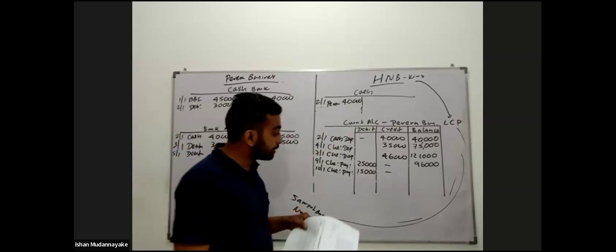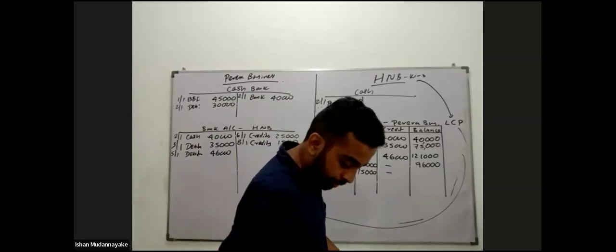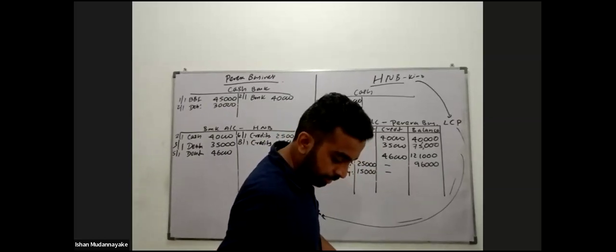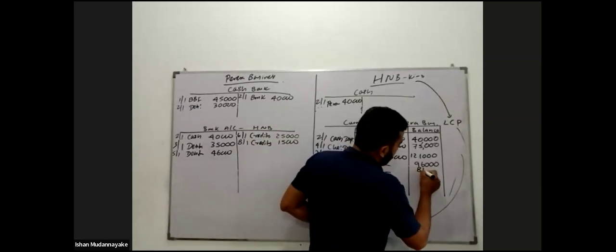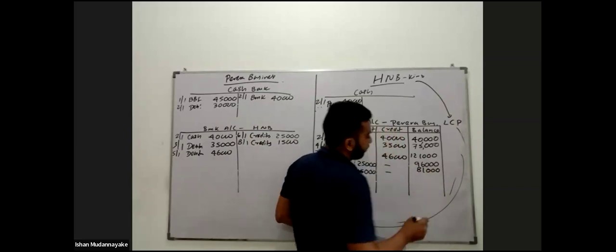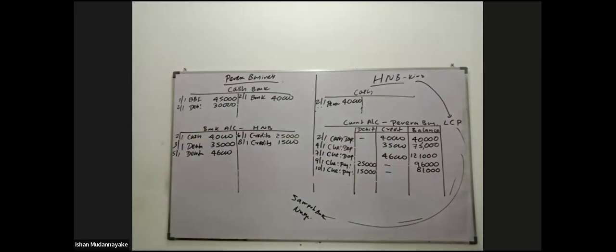Right now, balance is how much? 96,000 minus 15,000. Balance available 81,000.